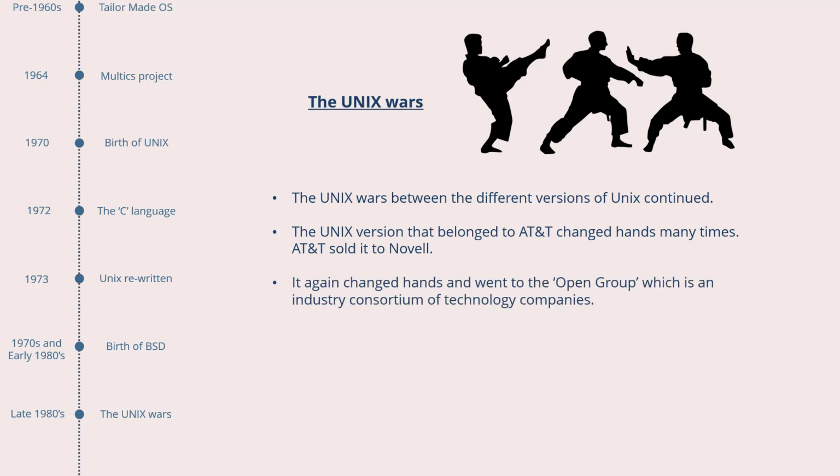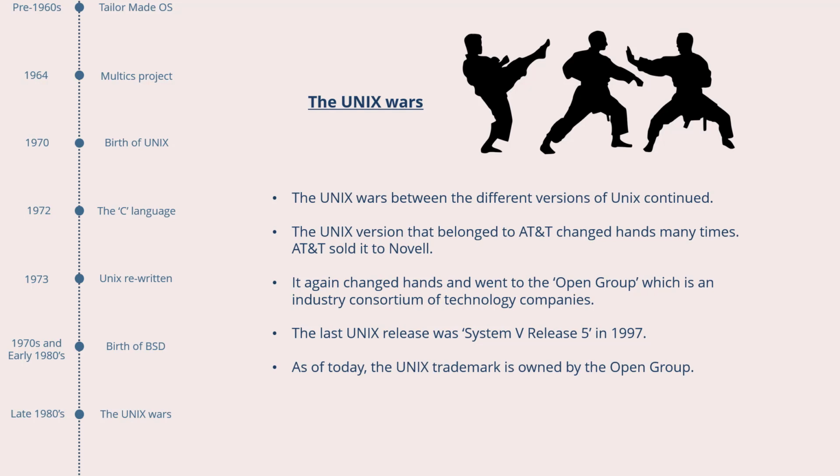It again changed hands and went to the Open Group, which is an industry consortium of technology companies. The last Unix release was System 5, Release 5 in 1997. As of today, the Unix trademark is owned by the Open Group. This is the Unix trademark. This pretty much sums up the history of Unix.